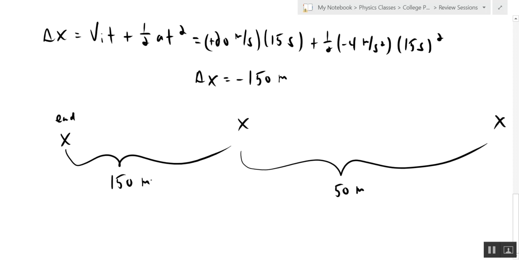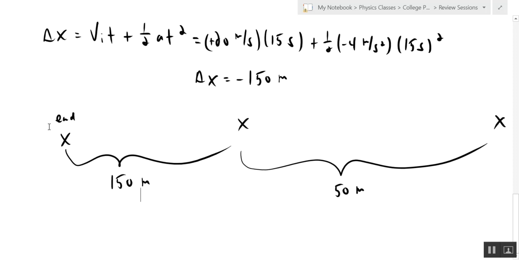So what's the total distance that you travel? Yeah, I corrected this, but actually I was right the first time. It's 250 meters, right? 50 meters till you stop, 50 meters till you come back, it's 100 meters. And then at 15 seconds, you're over here. So the total distance is another 150 meters past that point, right?